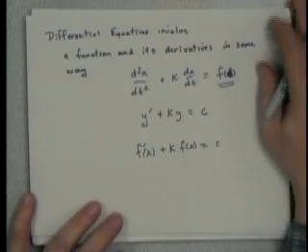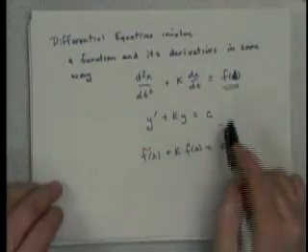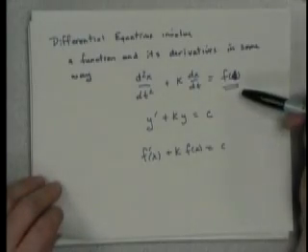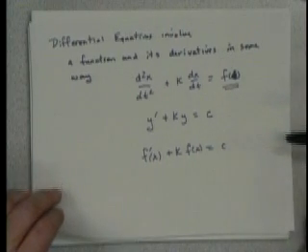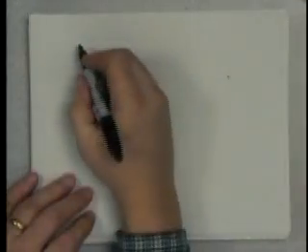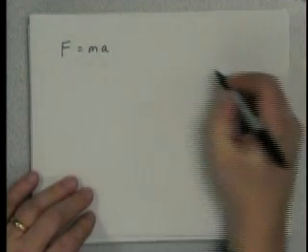So where do we get differential equations from, and why maybe we want to study them? Well, differential equations, just like derivatives, represent rates of change. So it turns out that it's very natural in a lot of our studies to talk about how things change might be related to the function itself, for instance. So here's an example. One of Newton's laws talks about force being equal to mass times acceleration.